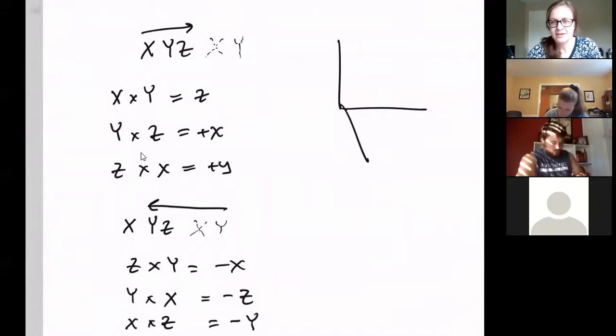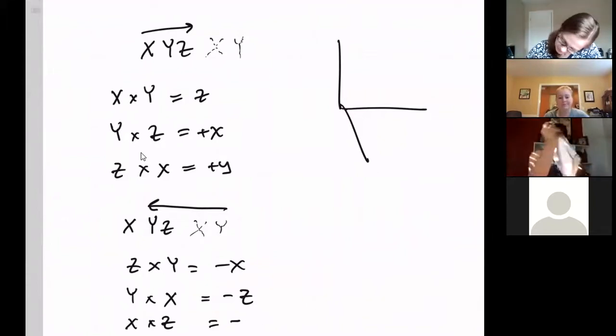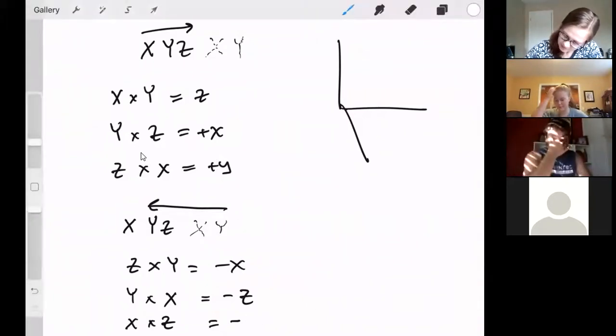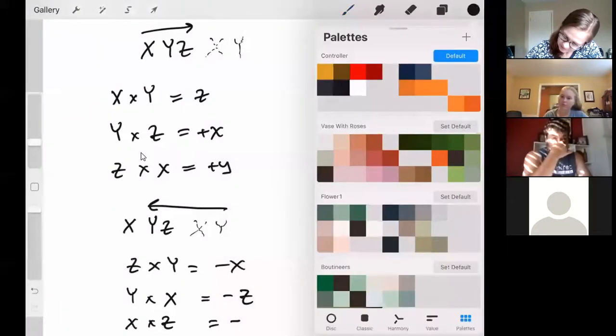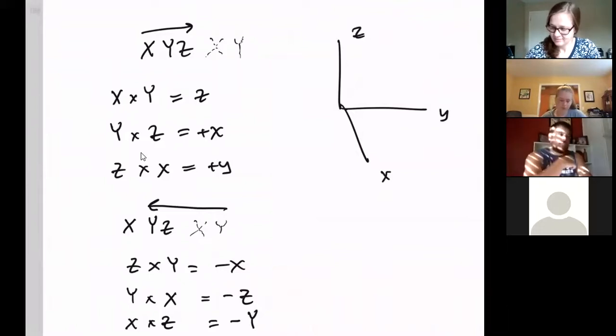So that is a little trick that you can use to follow the signs, or you can just memorize it conceptually. Little tricks are always very helpful to me, so do that with what you will. But typically what we'll see here is x, y, and z. X crossed with y equals a positive z.